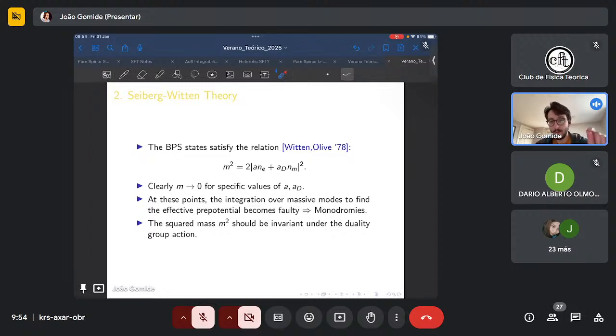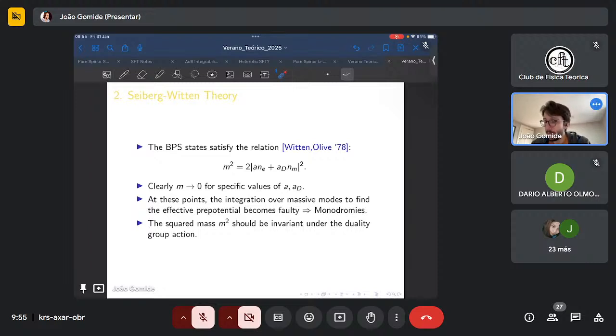So at these particular points in the moduli space, where we have these massive states becoming massless, this procedure of just integrating out the massive degrees of freedom is just wrong, because we were integrating out stuff that we are not allowed to integrate out anymore. And this will introduce these monodromies or singularities or whatever in our description.